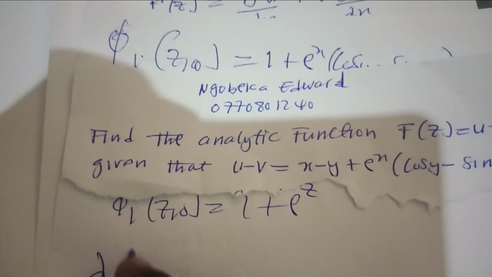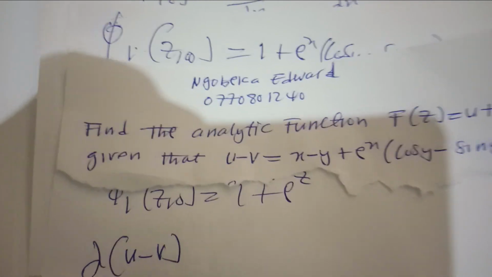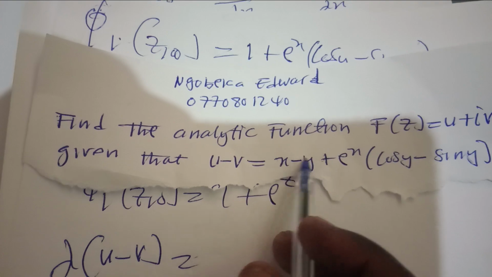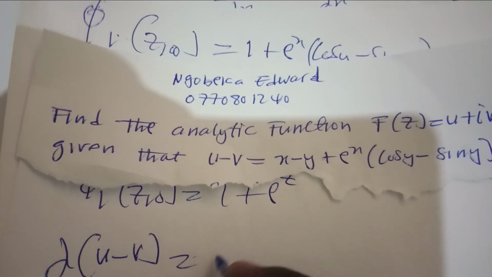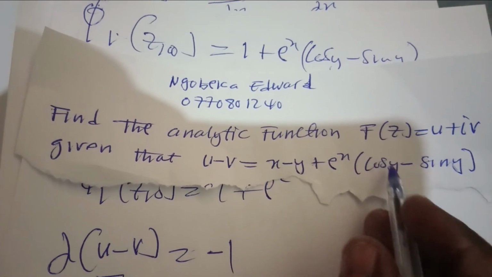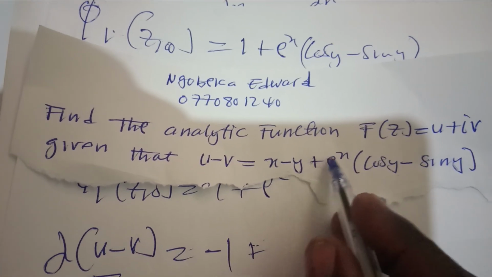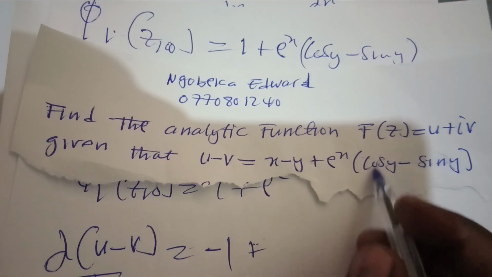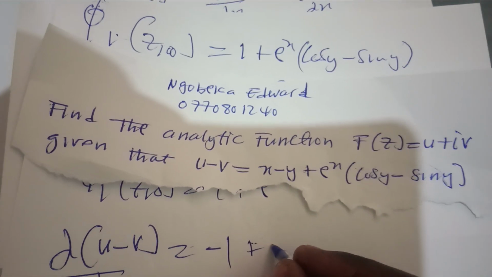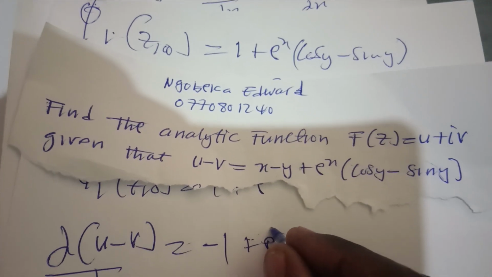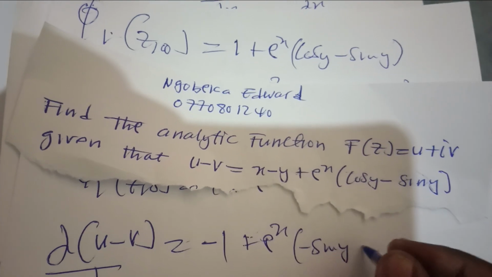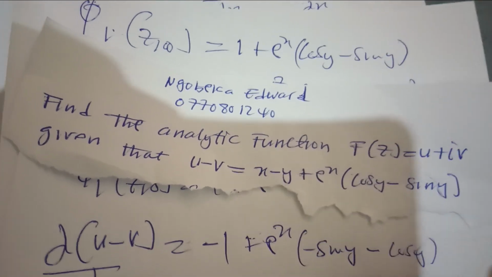So our partial derivative of u with respect to y, we differentiate this one keeping y constant, so it is negative 1, plus we differentiate here with respect to y, so it will be e to power x, open bracket, negative sin y minus cos y.